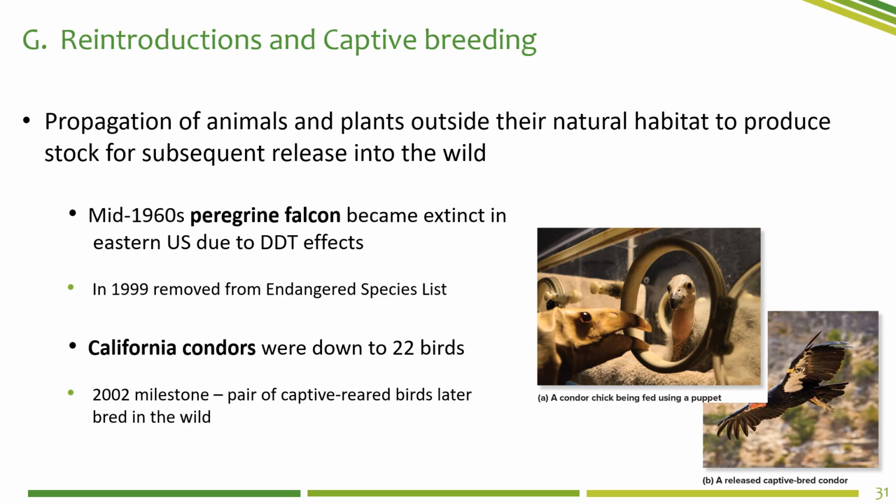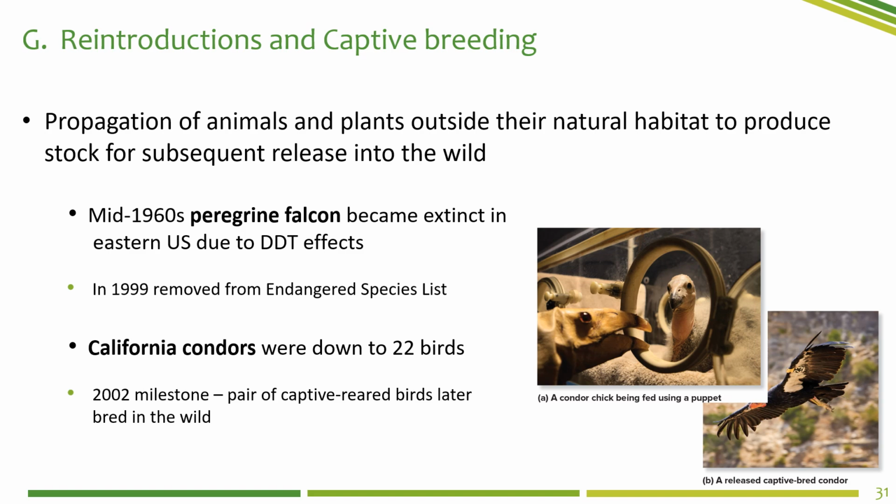And then in order to reintroduce, you need animals. So these may be animals that have been rescued or trapped because maybe they're being a nuisance or out of place. And sometimes we have to breed them in captivity to increase their population.